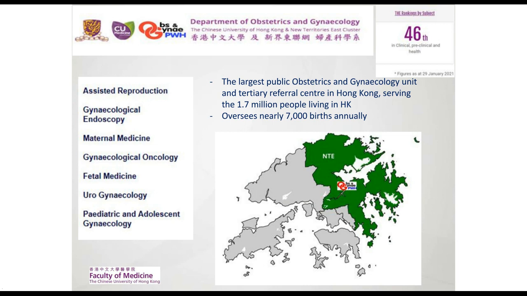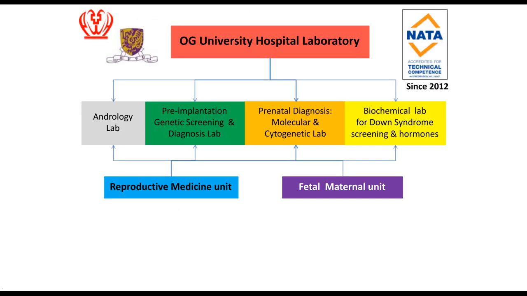And for the lab that I'm working in and taking care of, we are divided into four specialties. We have our andrology lab, which mainly looks into tests for male infertility. We have our pre-implantation genetic screening and testing facility, which works in conjunction with our prenatal genetic diagnosis lab, both molecular and karyotyping, as well as the conventional biochemical screening lab for Down screening.